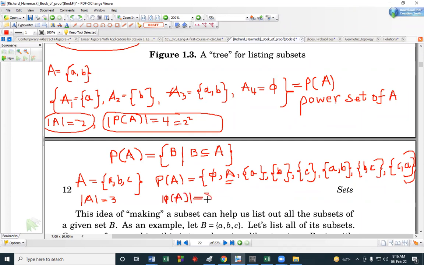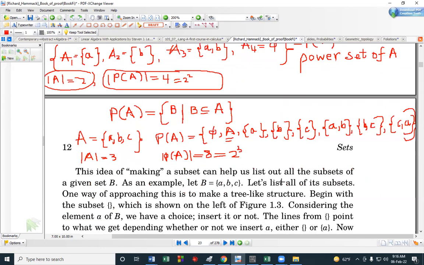Can we write 8 as a power of 2? 2 to the power 3, right? So when the cardinality of A was 1, the cardinality of our power set was 2, meaning 2 to the 1.